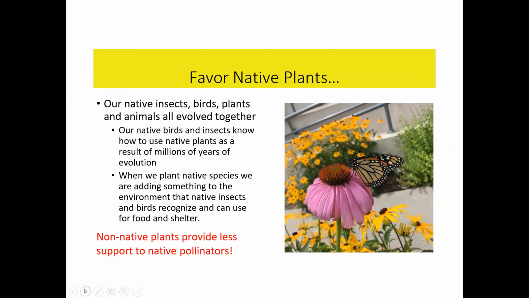It's something that native insects and birds recognize, and they can use it for food and shelter. A lot of times if you put in a non-native plant, it really doesn't add too much because it doesn't fit in the ecosystem and the insects and birds do not know how to use it. So in general, non-native plants provide less support to our native pollinators.